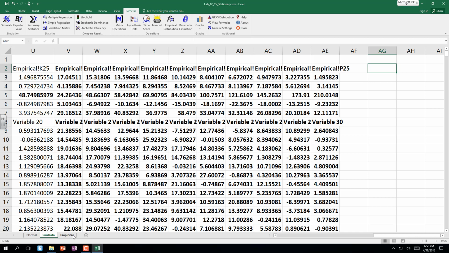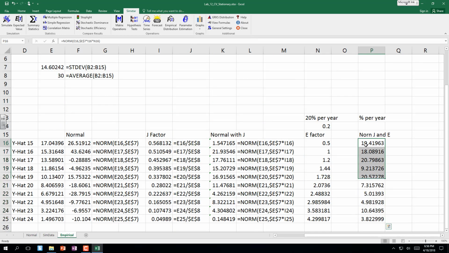Okay, let me see how I would have done that. If you got a formula that looks like that, the mean, comma, the standard deviation locked, times J times the E. Oh, I put a comma. Oh, if you put a comma in the middle of that, then it's going to pick up one of those and think it's a uniform standard deviate. It really will. That's the way it's programmed.